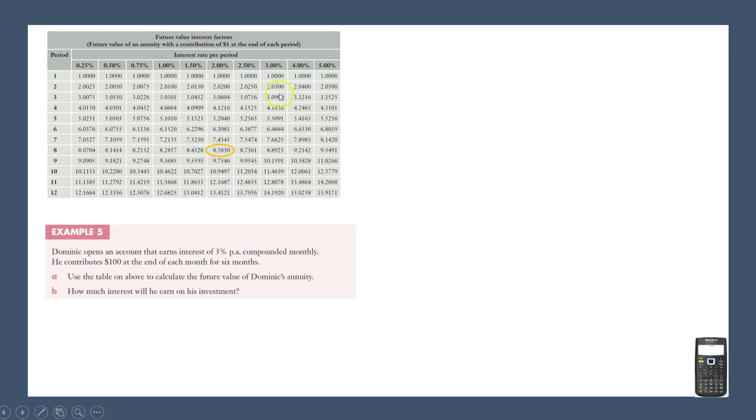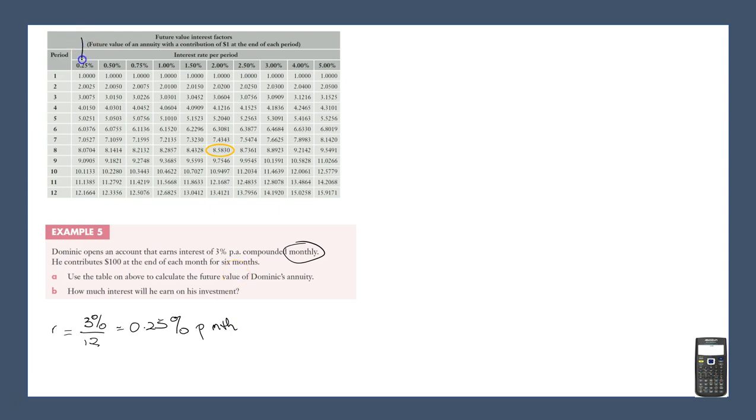Now remember, this is the interest rate per period. The period is months, and 3% per year, we can leave the percentage sign on, but you must divide by 12. So your rate is 1/4, 0.25% per month.